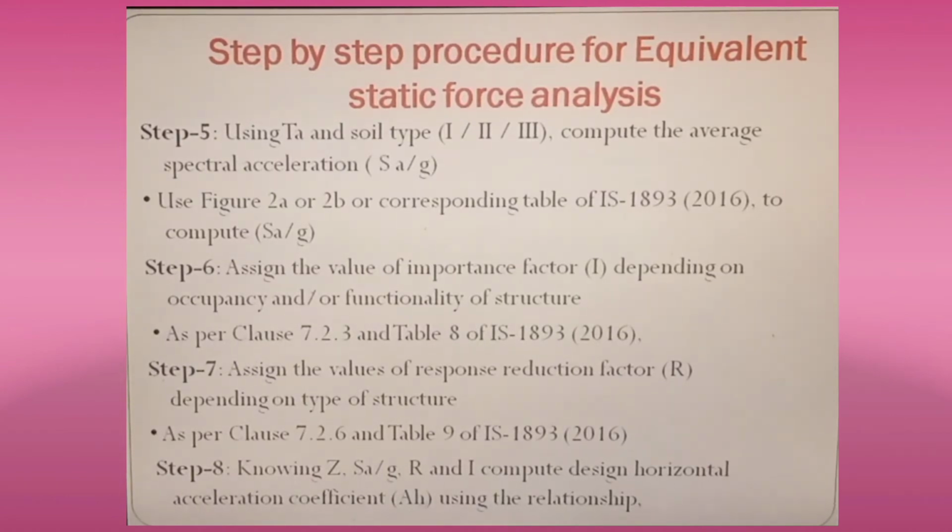Based on that, they have given the importance factor in IS 1893. Here I have given the clause, that is 7.2.3, table number 8 of IS 1893 2016. Based on that, you just assign the value of I, that is the importance factor. This is your step 6.